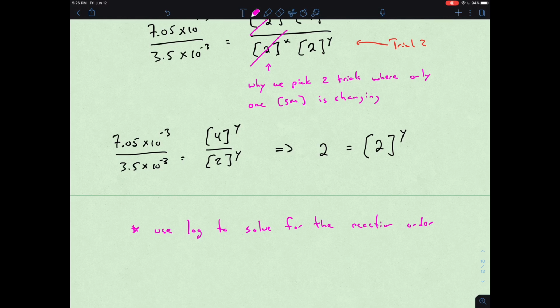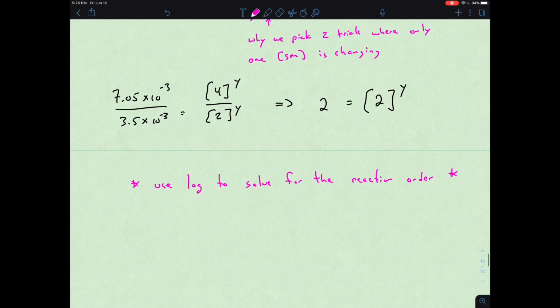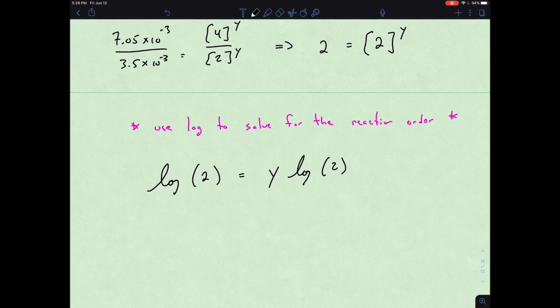Remember, if you take the log of something raised to a power, then that power comes out in front. So the log of 2 would be equal to y times the log of 2. Or y is equal to the log of 2 over the log of 2, or y is equal to 1.